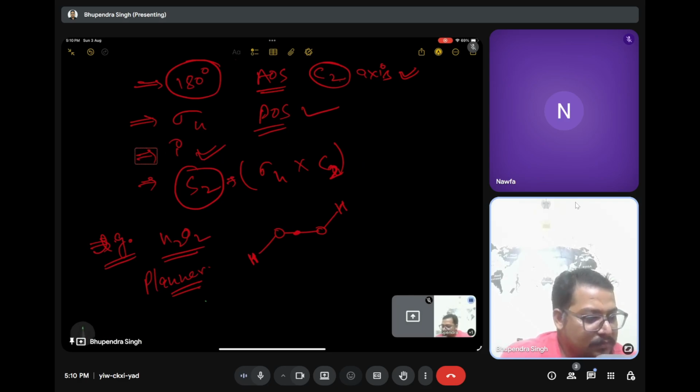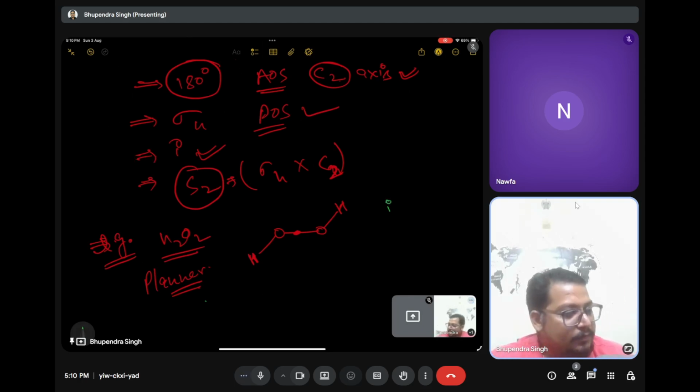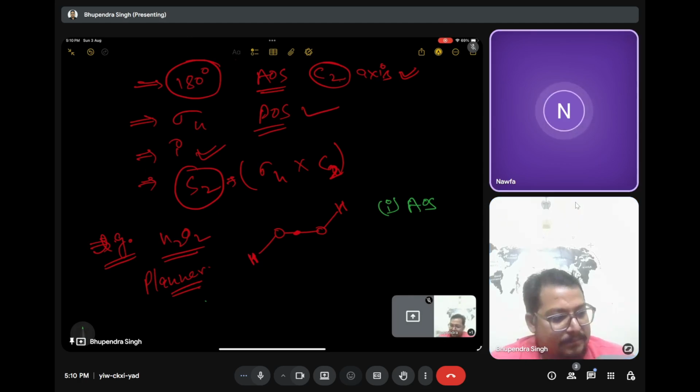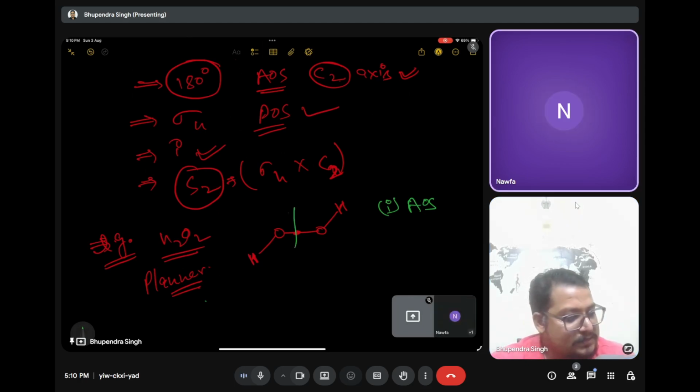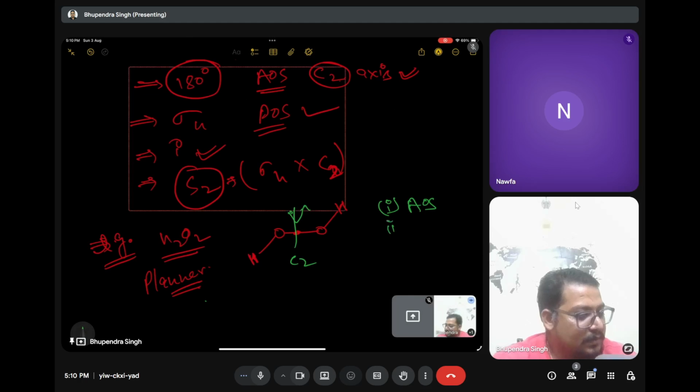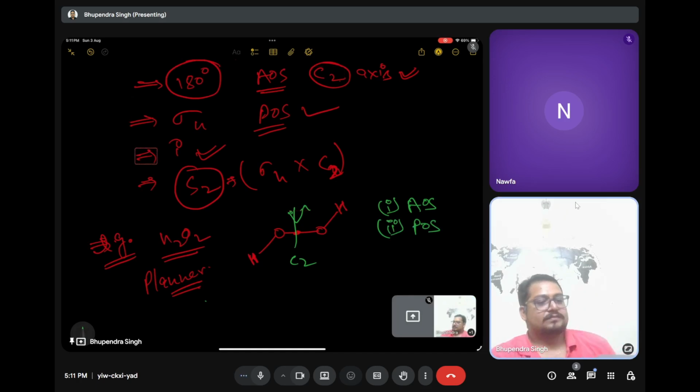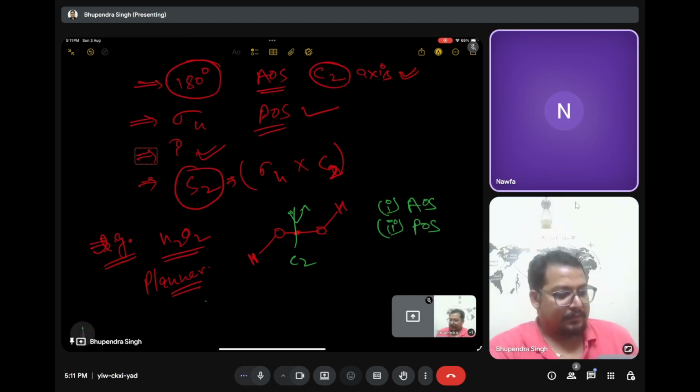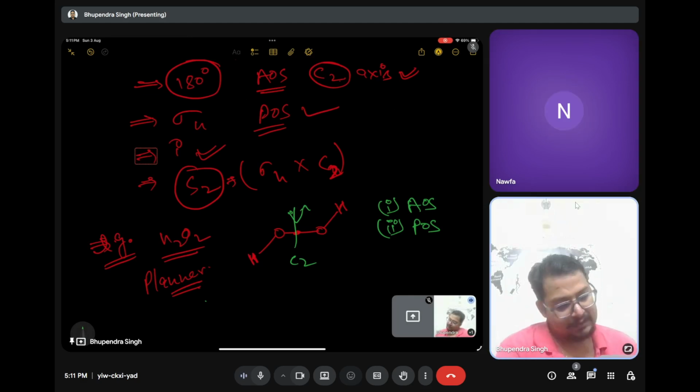Now first try to find out whether an axis of symmetry is present or not. C2 is present. Yes, exactly. Now next one is plane of symmetry. Is plane of symmetry there or not? Yes, of course. Sigma h is present.